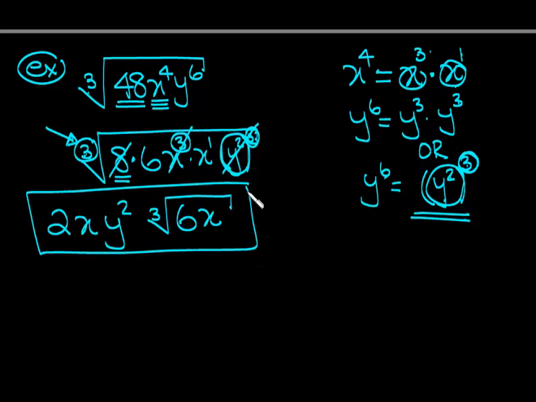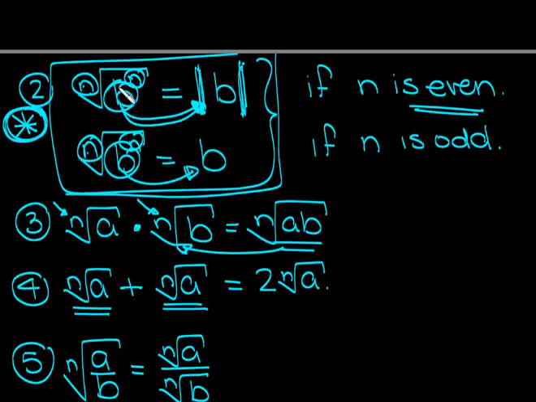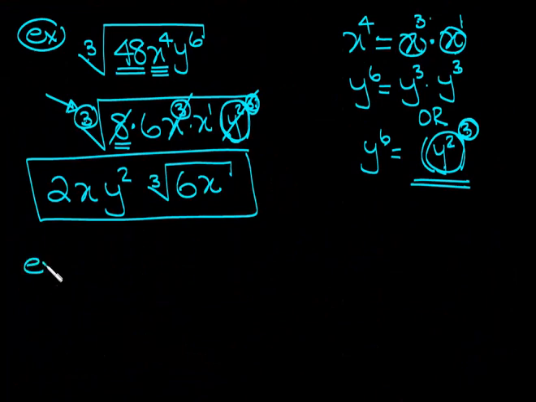Whenever you're doing these problems, just make sure you try to use that property. The second property that I pointed out was the most important one: we're trying to write the power of the expression on the inside identical to the index. Let me do one last example and then we'll move on.